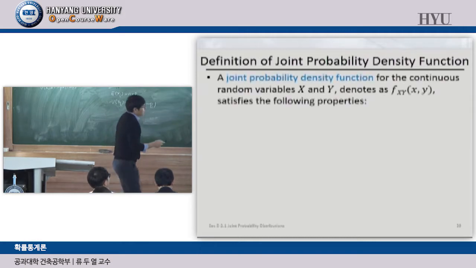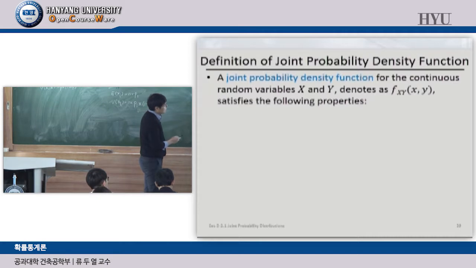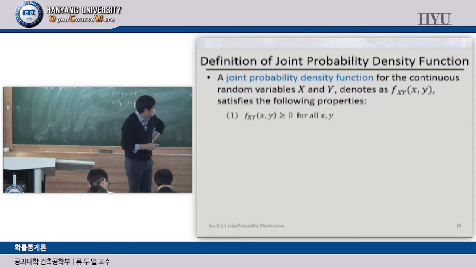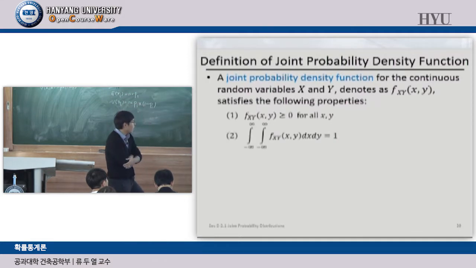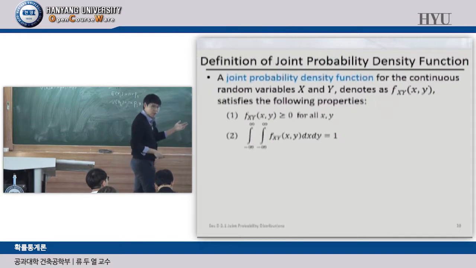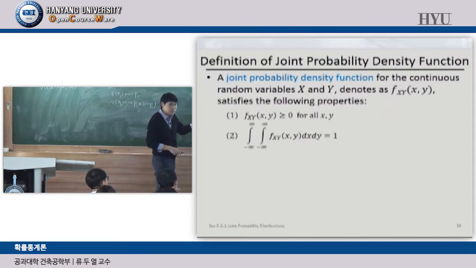The joint probability density function for the continuous random variables x and y, denoted as fXY(x, y), this is the identical formulation, satisfies the following properties. First one, the joint probability density function should be larger than or equal to 0, okay, for all x and y. And also, the integration, we are not going to use the summation anymore because this is the continuous case.